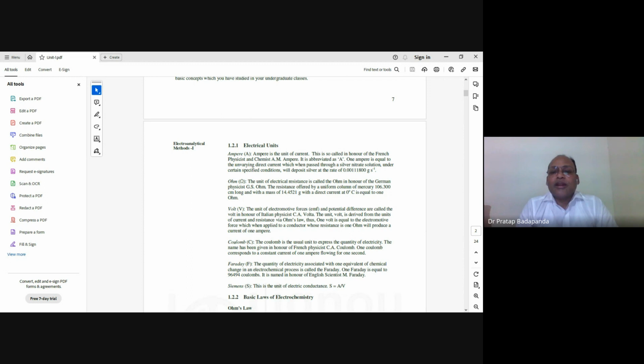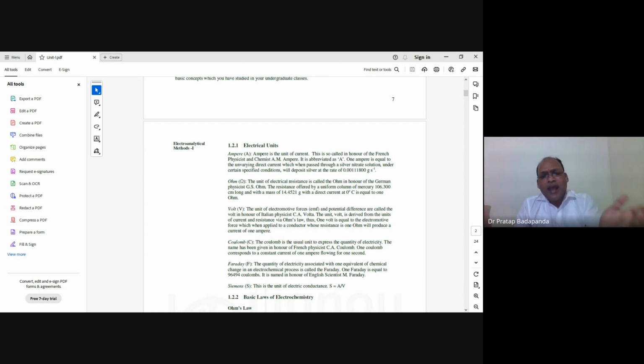1 ampere of current will pass through the silver nitrate solution under a certain specific condition, meaning temperature, pressure, and all the things. It will deposit 0.00111800 gram per second, right? This much amount of silver will be deposited at the electrode if you pass 1 ampere of current, with specific conditions, room temperature and pressure of 1 bar.